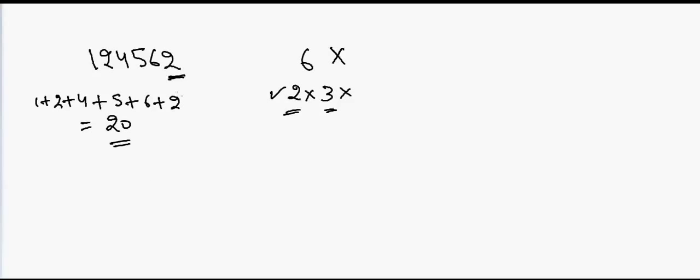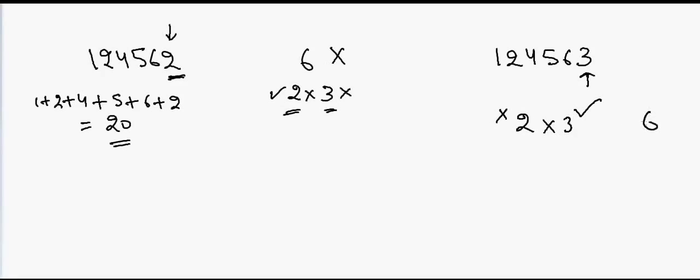We can modify this by adding one more number. If I add one more number here, it will become 1 2 4 5 6 3. But now this number is divisible by 3 but not by 2. So still, it will not be divisible by 6.